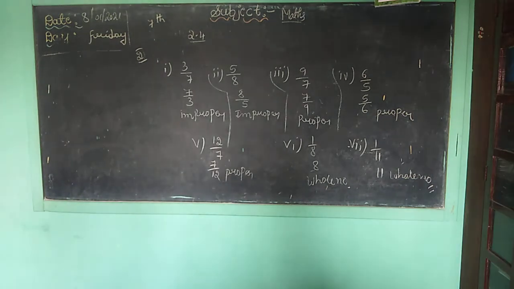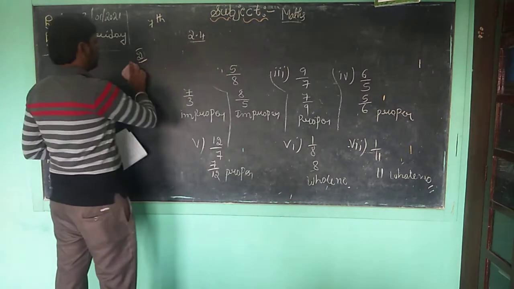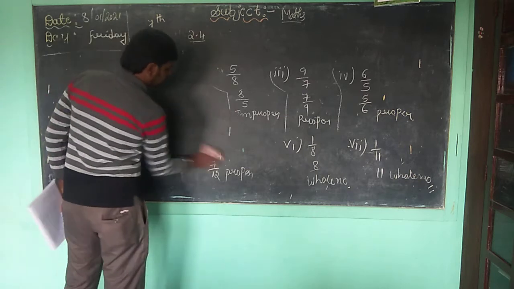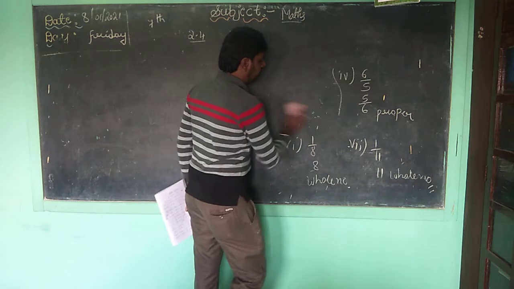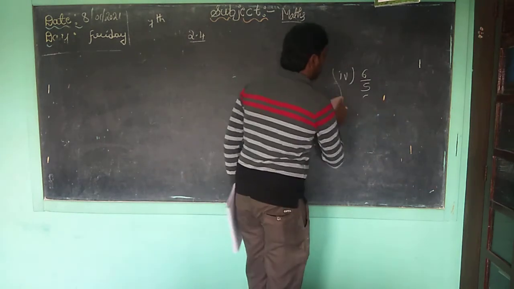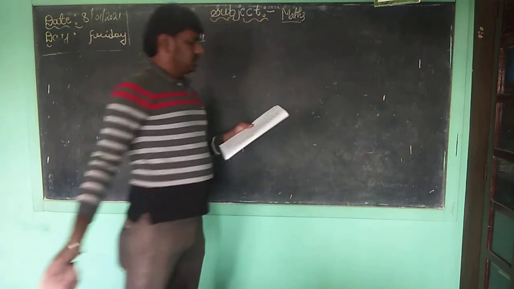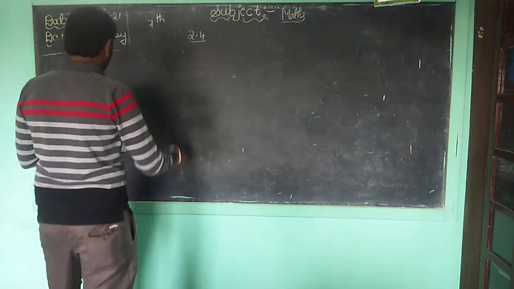That is the third one. What we can represent? Very simple question. Okay, children. Children, what is the third question we want to take? Very simple. Third one.